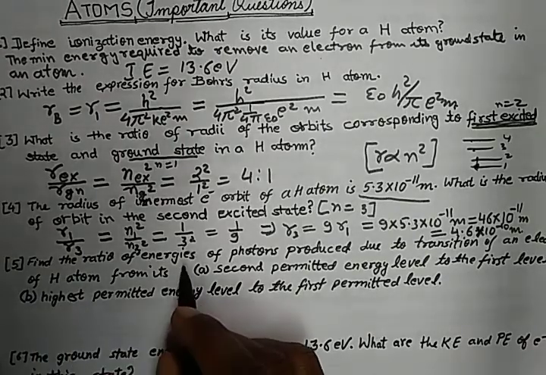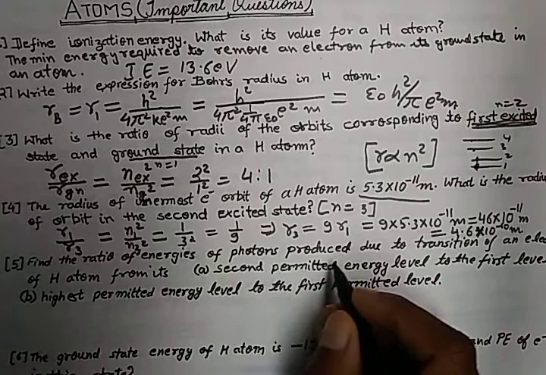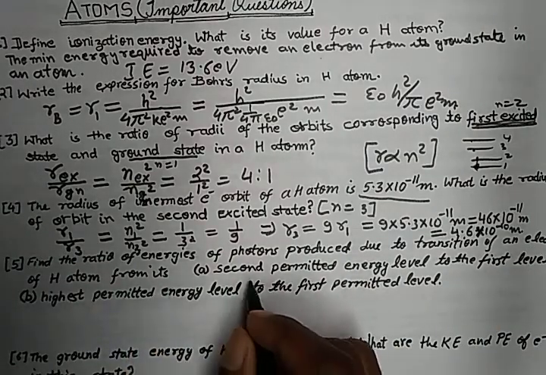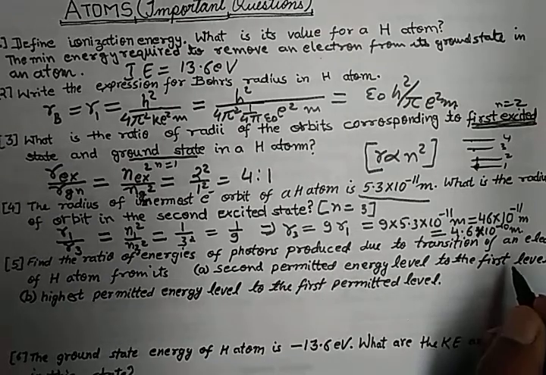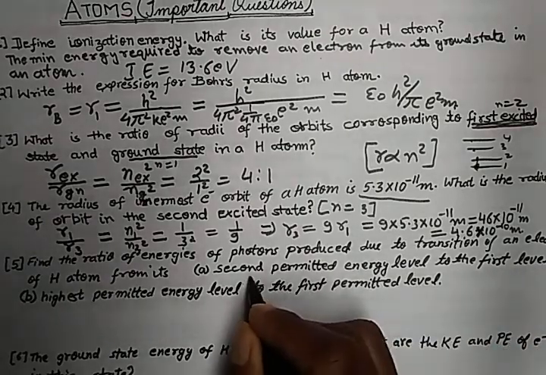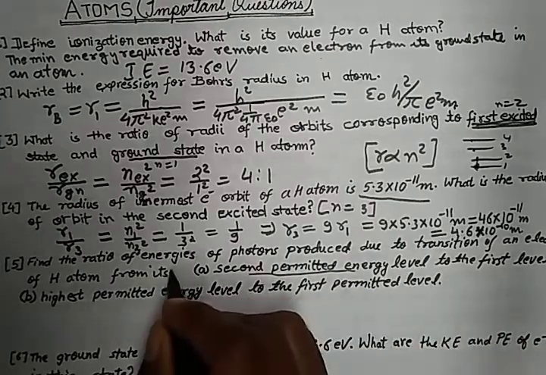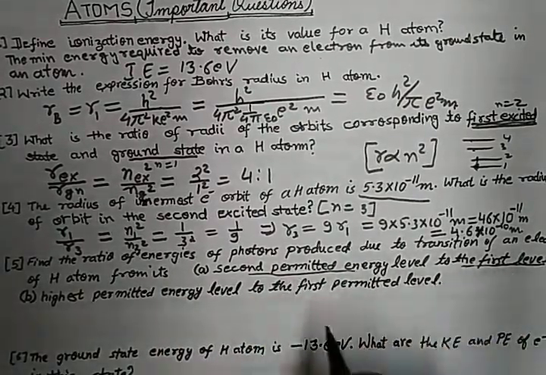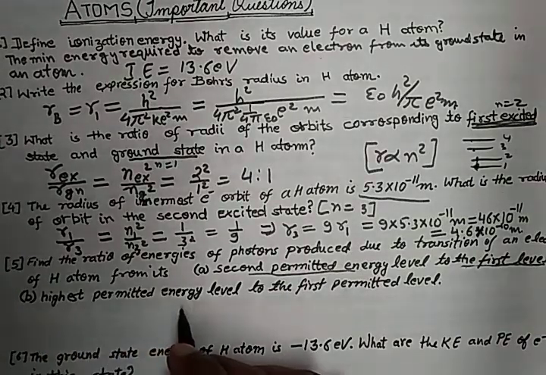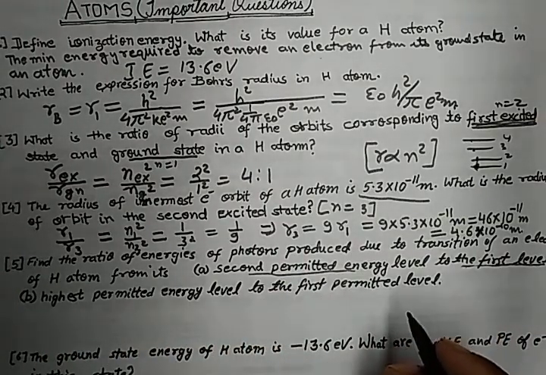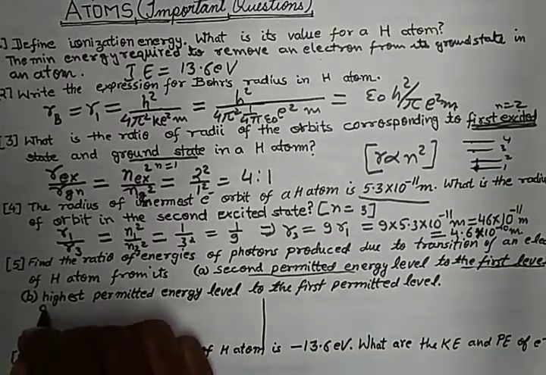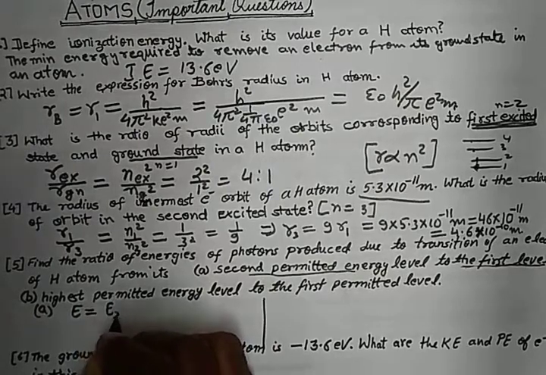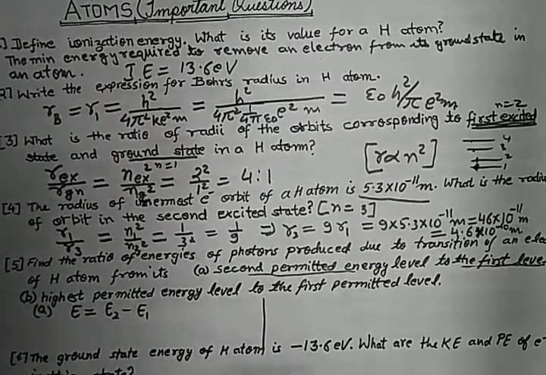Find the ratio of energies of photons produced due to transition of an electron from the second permitted energy level to the first level. So we have to calculate the energies of the photons. Actually, it is simply the energy difference between these energy levels, and from the highest permitted energy level to the first permitted level. So there are two parts. First part, E equal to second permitted minus first permitted.